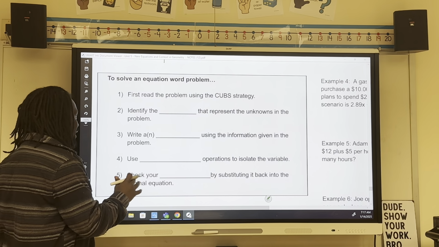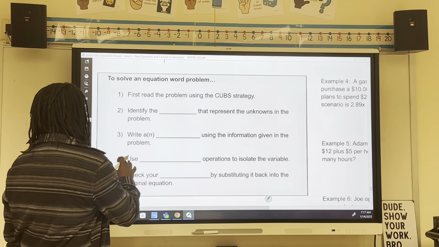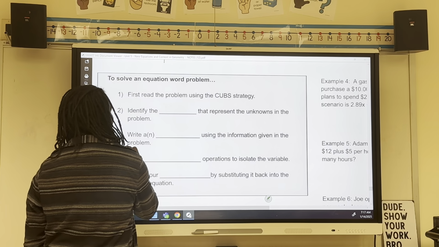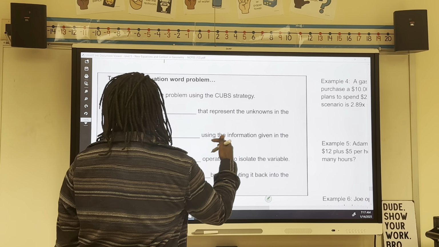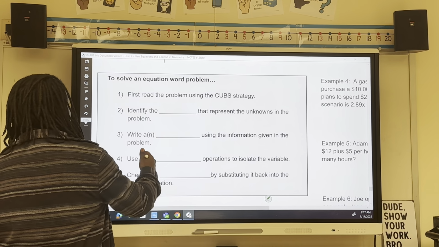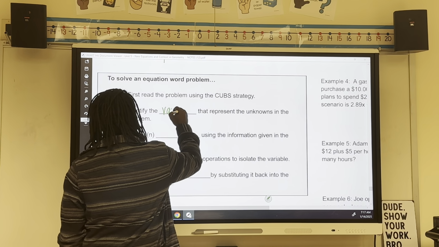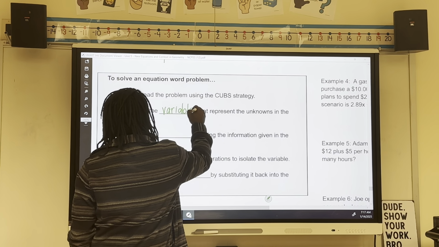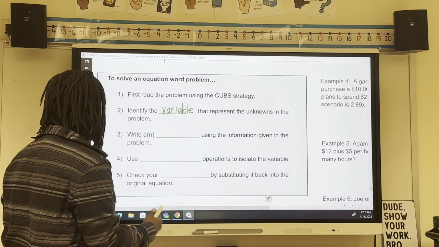First, read the problem using the CUBS strategy. Second, identify the number that represents the unknown, the variable. We want to identify what we don't know. This is what we're looking for essentially.